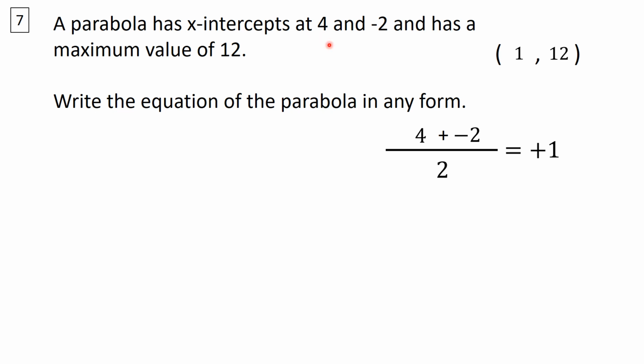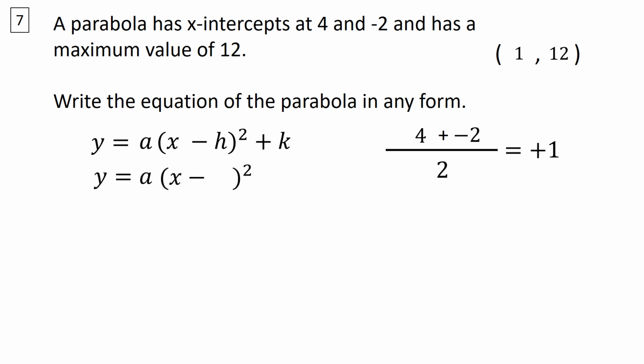We can use the x-intercepts to find the x-coordinate of the vertex, and then the y-coordinate was given to us in the original problem. So this time we can go vertex form. Y equals a times x minus h squared plus k, because if we did the work to find the vertex, which we had to do anyway in the factored form, we can write the vertex form of the equation.